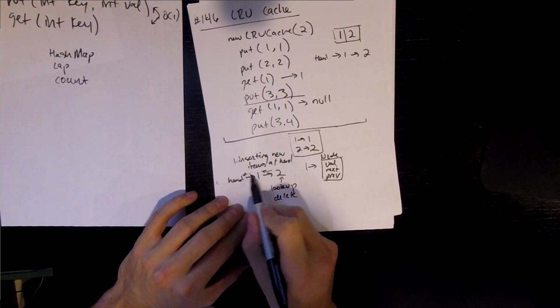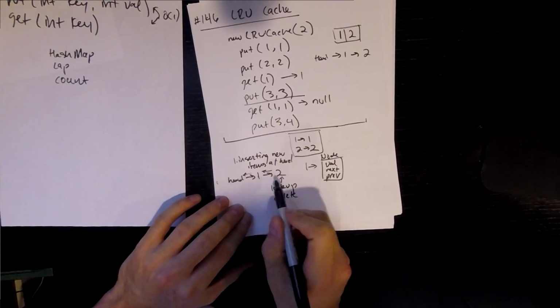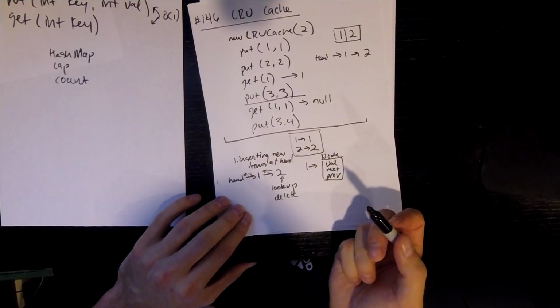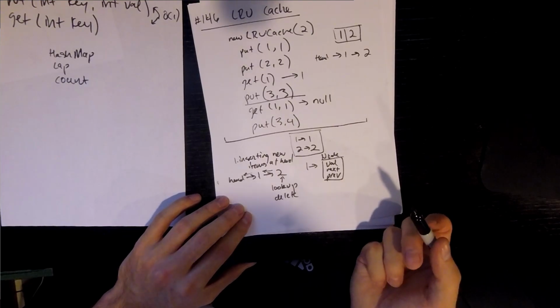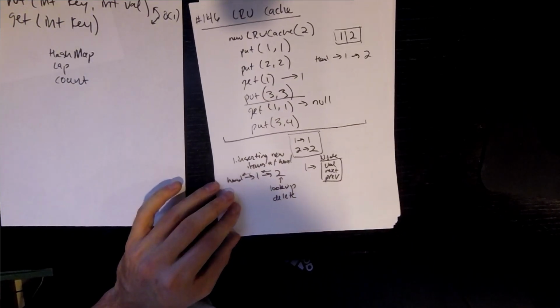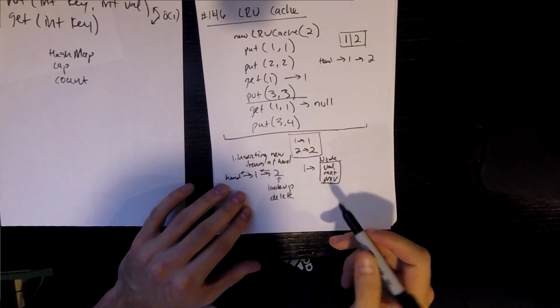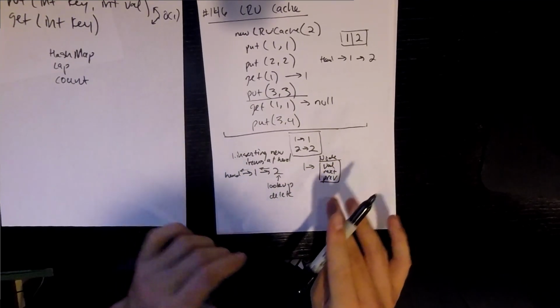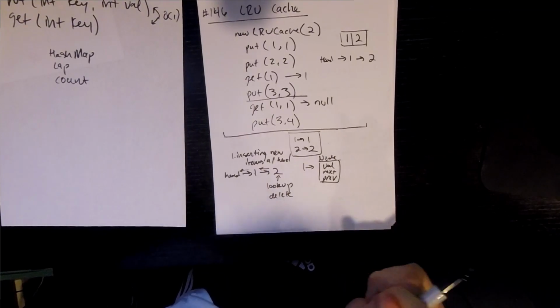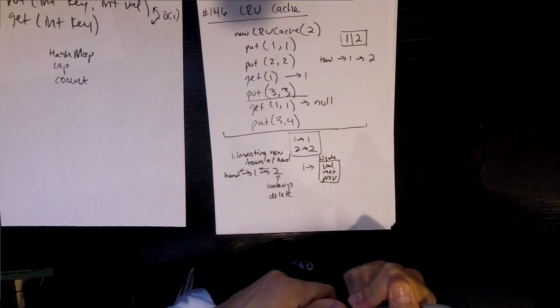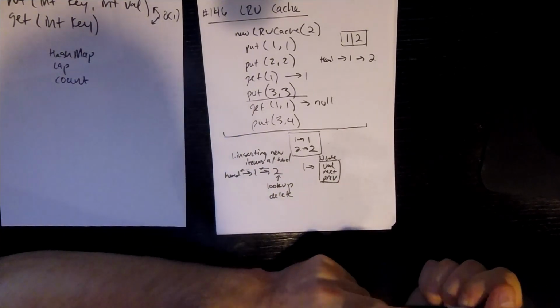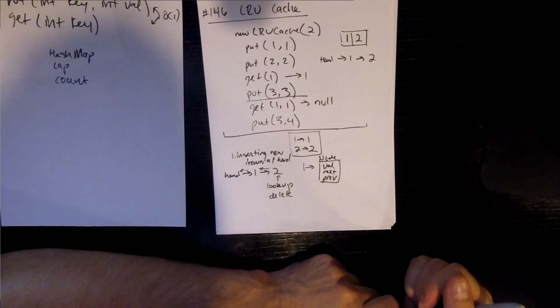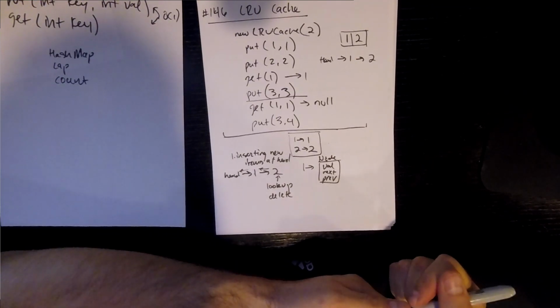That's easy because we have pointers to each side, to the left and the right, and it's very easy to delete. To summarize, we're going to store everything in a map, and then we're also going to store the ordering in a doubly linked list. So that would be O of 1 put, O of 1 get, and then O of capacity extra space.